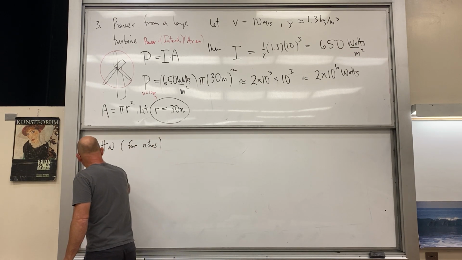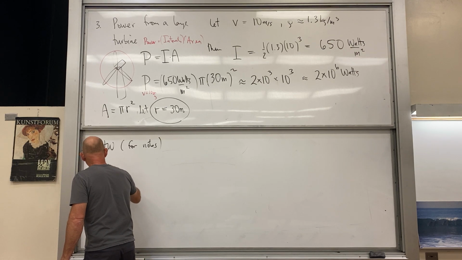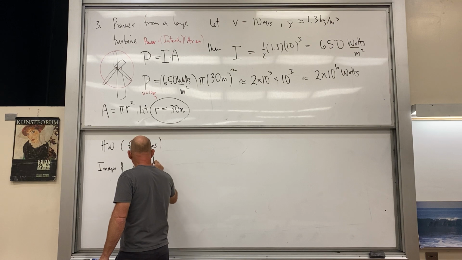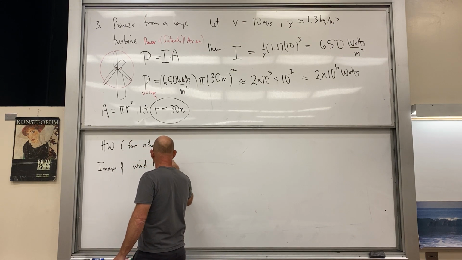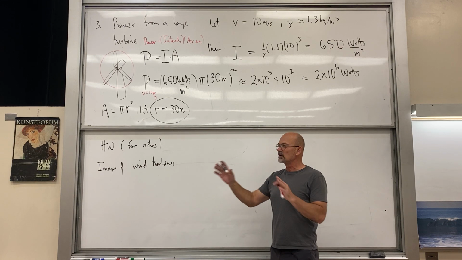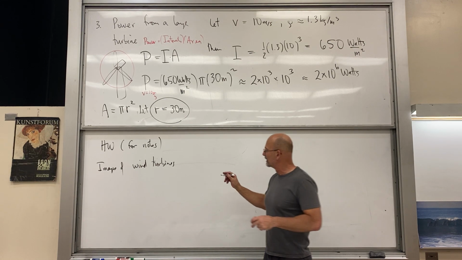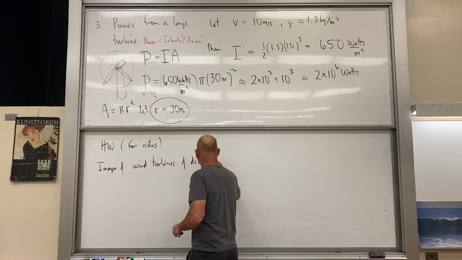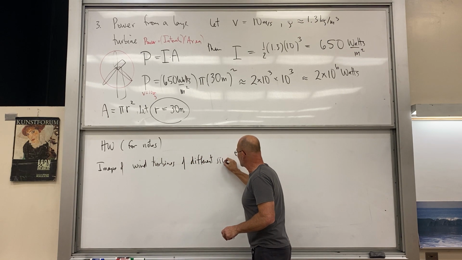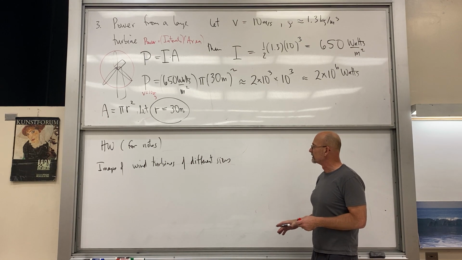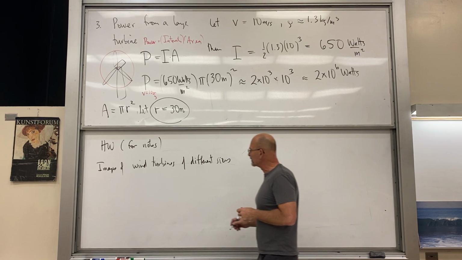So images of these turbines, first of all, of different sizes, right? There are smaller ones, but there are also giants. So you want to get some images of those with the sizes indicated, okay? With the sizes indicated. So that's the first thing.